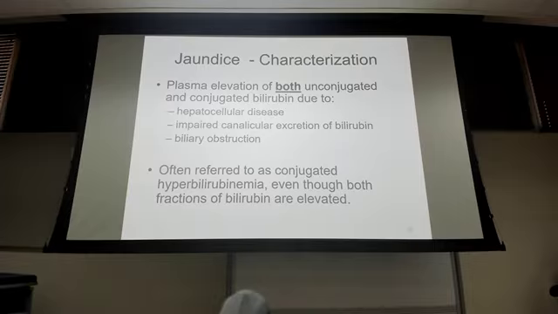So plasma elevation of unconjugated and conjugated. It's a misnomer, but it's often described as conjugated hyperbilirubinemia. But if you see conjugated hyperbilirubinemia, know that it's actually both unconjugated and conjugated bilirubin that's increased.